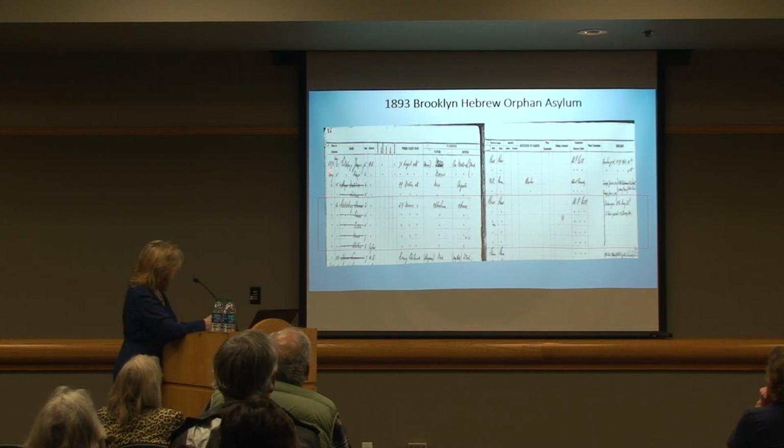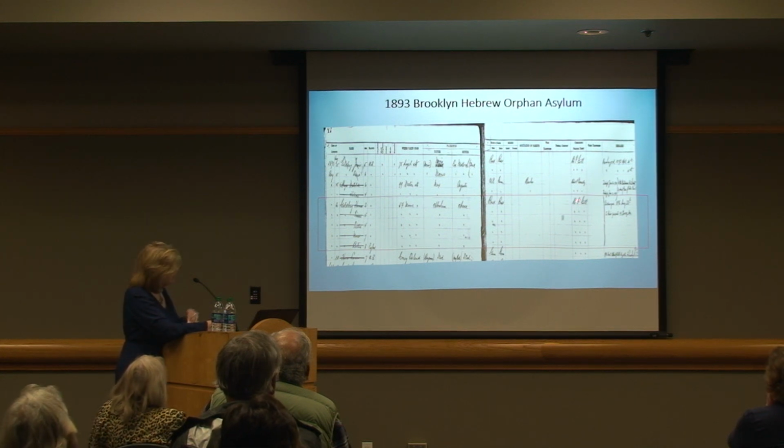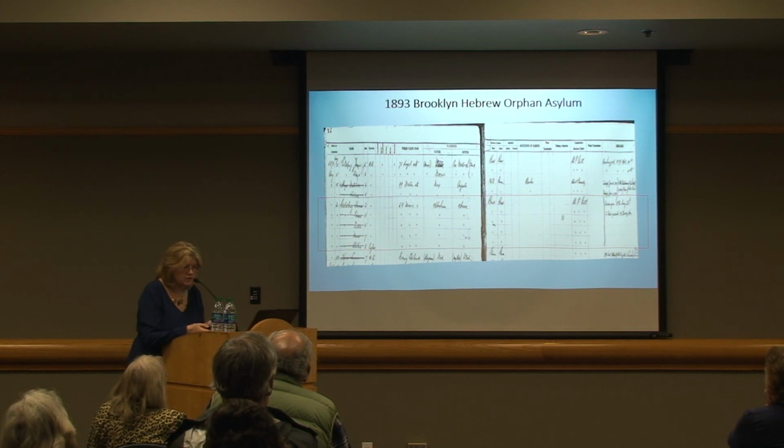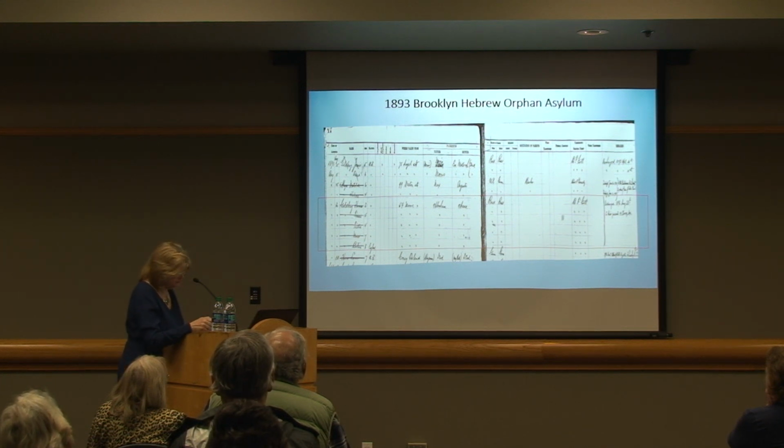They were admitted into the orphanage in August of 1893, and they stayed in the orphanage until 1896, where they were discharged back to their parents. So, as I said before, if you cannot find children with relatives or their parents, you might want to look in orphanages because their children were there with living parents.